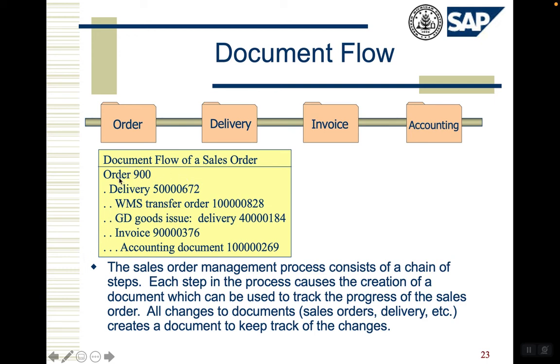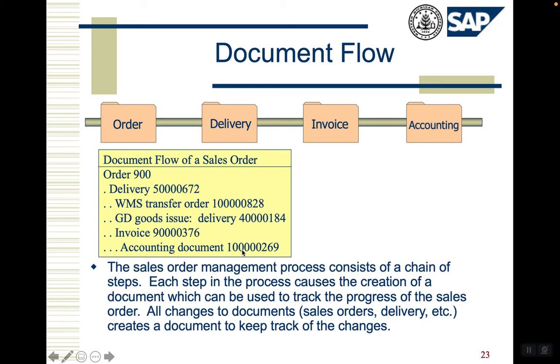The document flow will track the flow of our material and the different steps as we go through it. When we create an order, we have deliveries associated with it. We can have other material transfer documents, goods issues, invoice, and accounting.